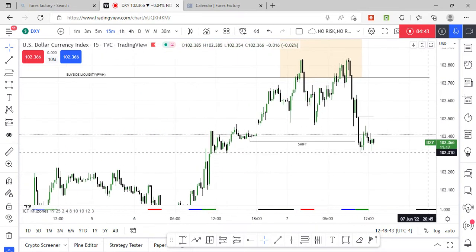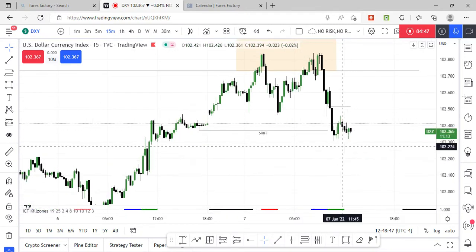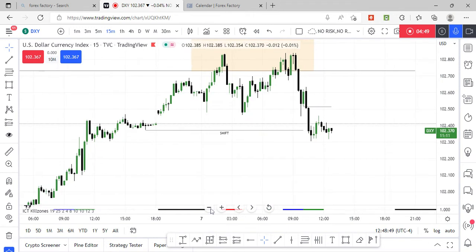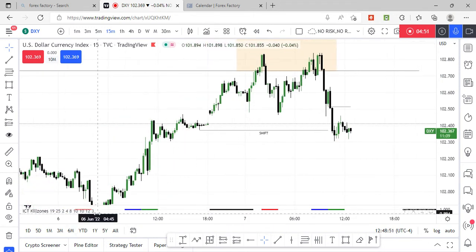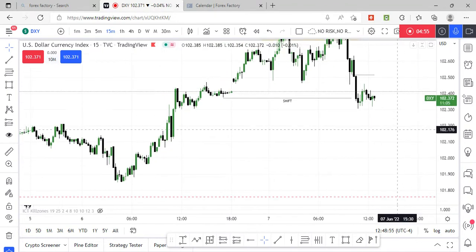So I'm not going to sell or buy EUR/USD now. I will wait for time and price. As an ICT trader, we should wait for time and price.